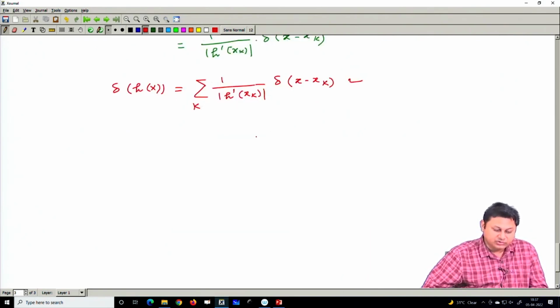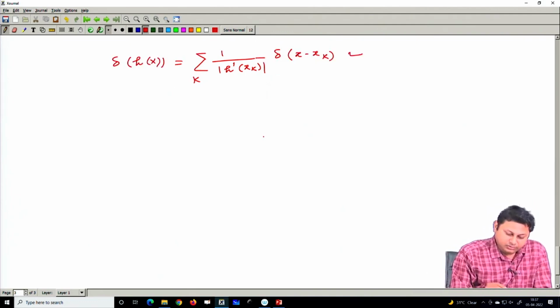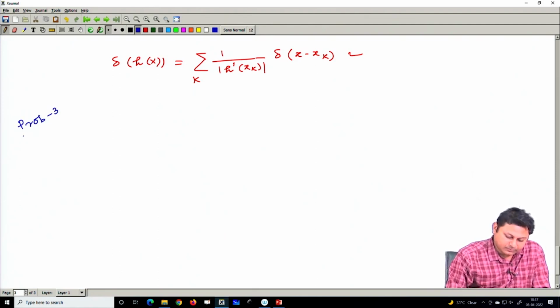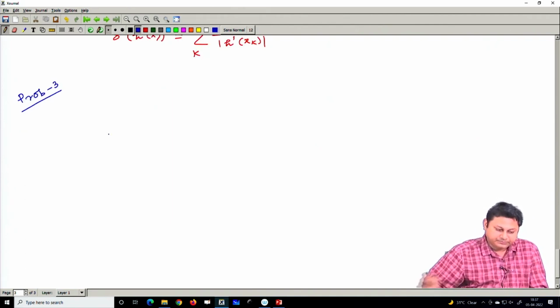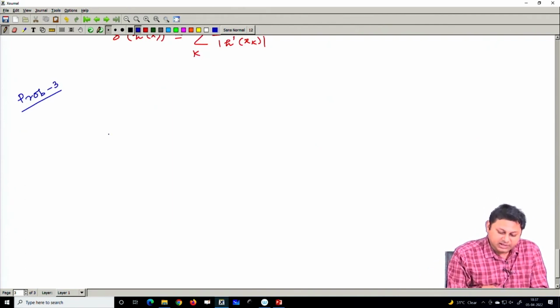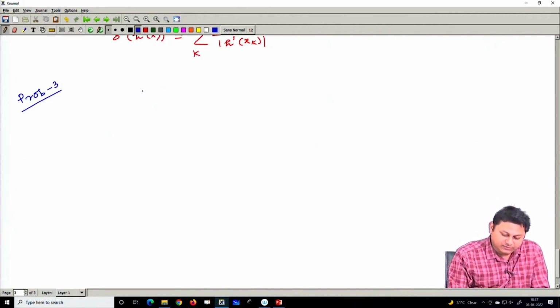And now the next thing is to apply this to some problems. So, what kind of problems can one ask? Let us do one problem. So, this is problem 3. In problem 3, maybe one can ask what should be the value of this quantity, the first problem.